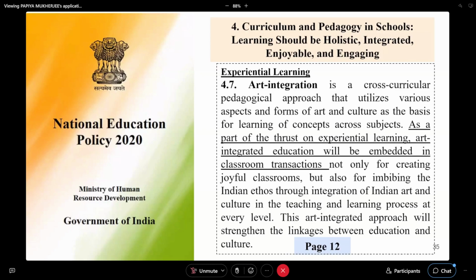As far as the thrust on experiential learning is concerned, art integrated education has to be embedded in classroom transaction, not only for creating joyful classrooms, but also for developing respect and imbibing Indian ethos through integration of Indian art and culture in the teaching learning process. Art integrated learning, AIL, provides and strengthens linkages between education and culture.